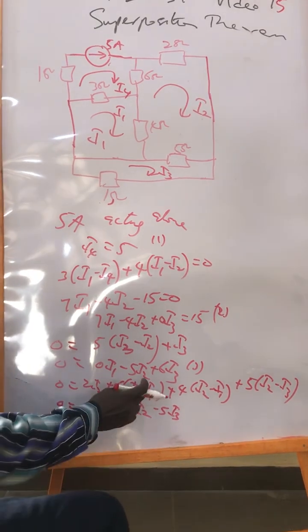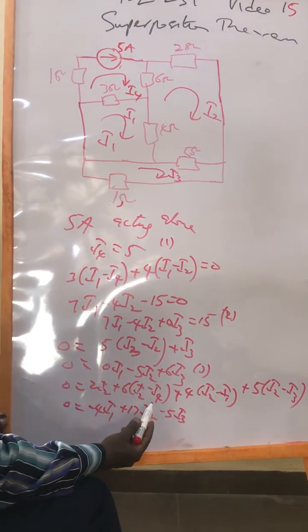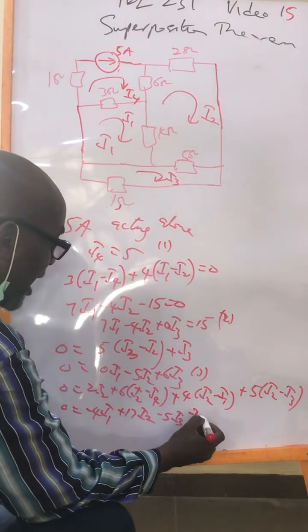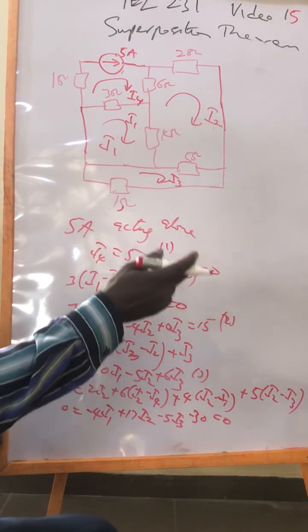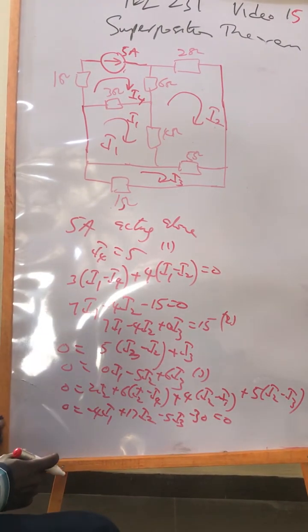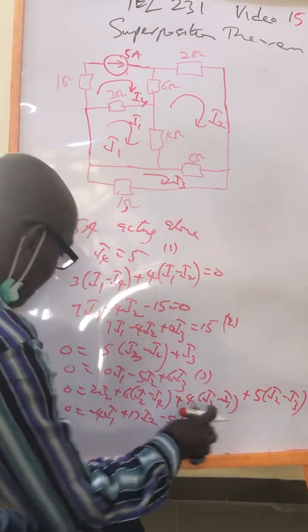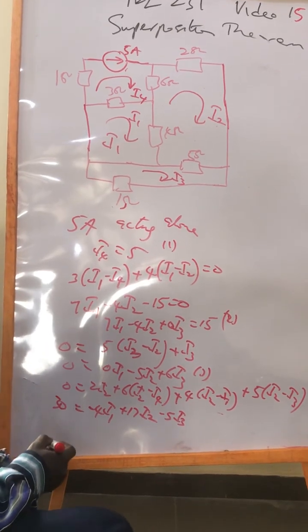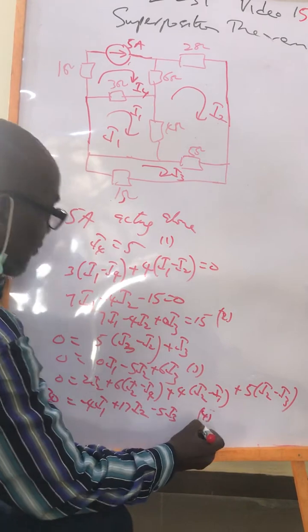And then there is an I4 here. I4 is 5, so 5 times 6 would be minus 30. Minus 30 equals 0, so that minus 30 goes to the other side and becomes plus 30. I can write this as equal to 30. This is equation 4.